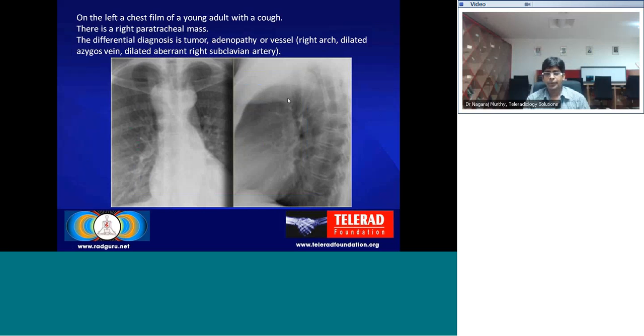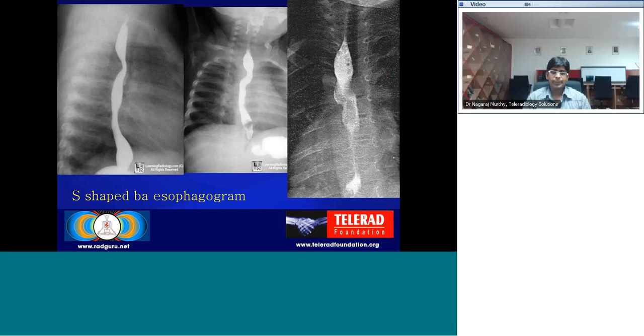This is the compression of trachea on lateral radiograph. This is the barium swallow in the patient with a double aortic arch, showing indentation on the right side as well as the left side. In the other patient, the lateral radiograph is called S-shaped barium esophagram because of compression on two sides.